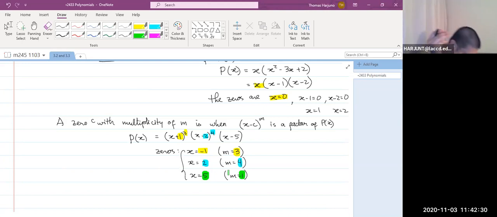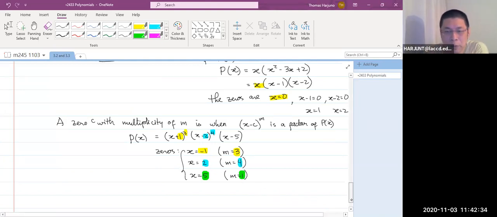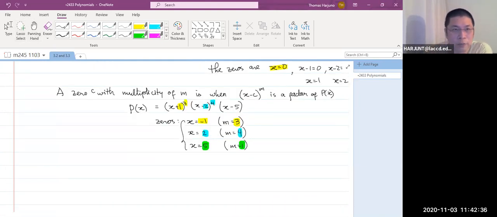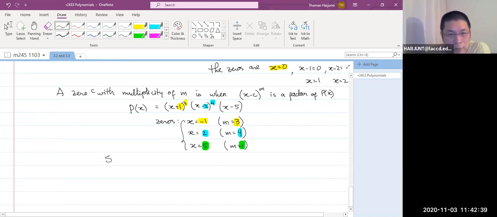Okay, now we are going to graph this polynomial. But before we actually graph them, let's do a sign graph of this p(x).